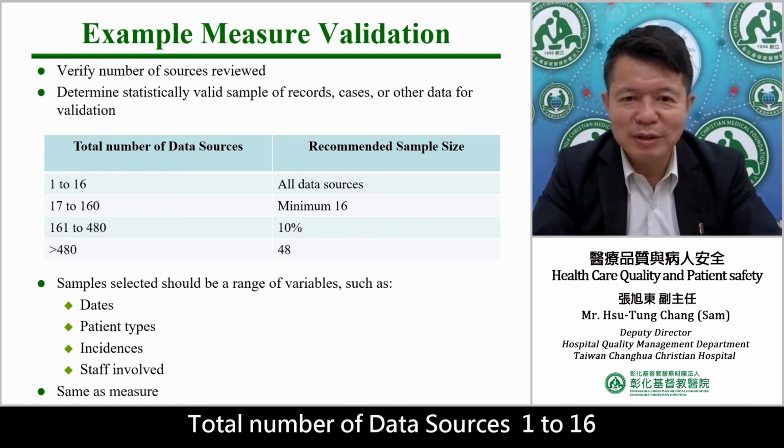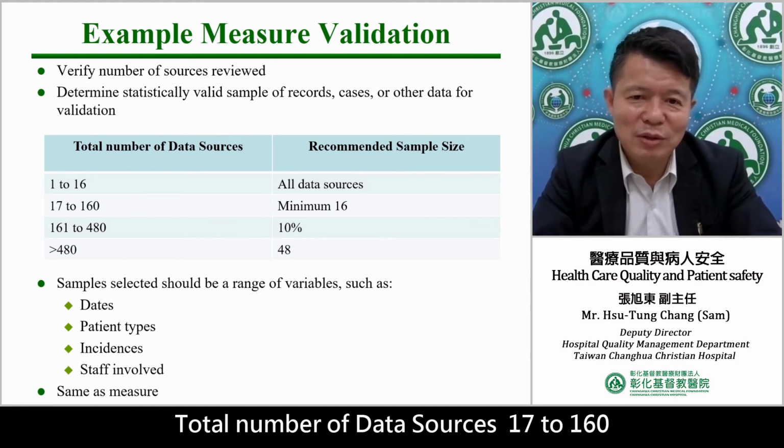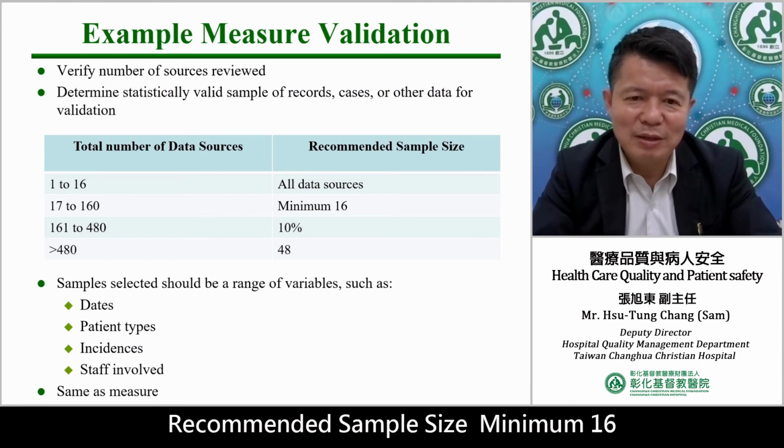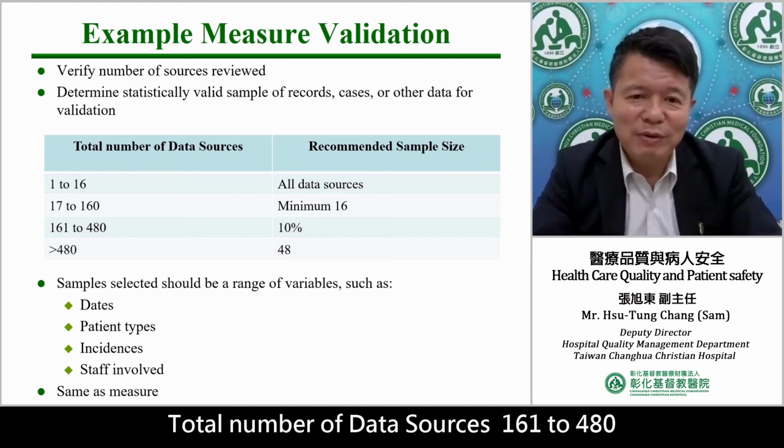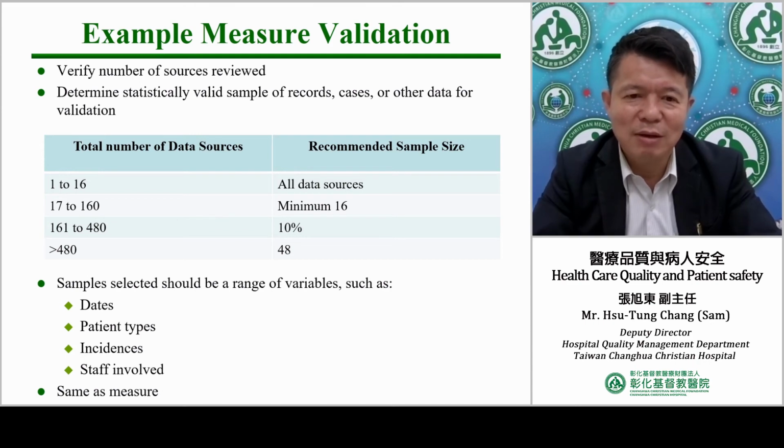Total number of data sources 1 to 16: recommended sample size is all data sources. Total number of data sources 17 to 160: recommended sample size minimum 16. Total number of data sources 161 to 480: recommended sample size 10%.